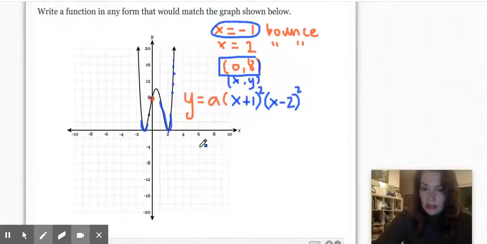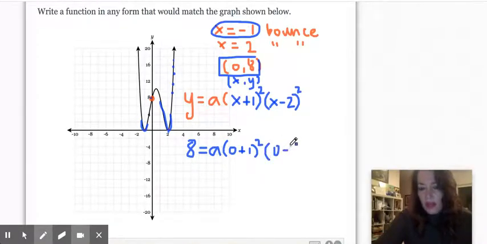So our 8 is our y, so we can say that 8 is equal to a, and our x is 0, so we're left with (0 + 1) squared, and then (0 - 2) squared. Simplifying that, 8 equals a times (0 + 1) squared, which is just 1, so that gives us a times 1.